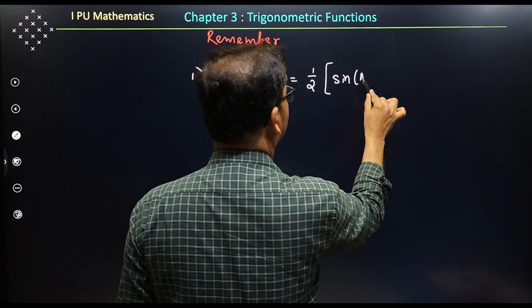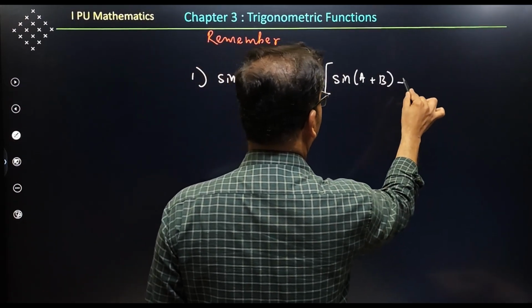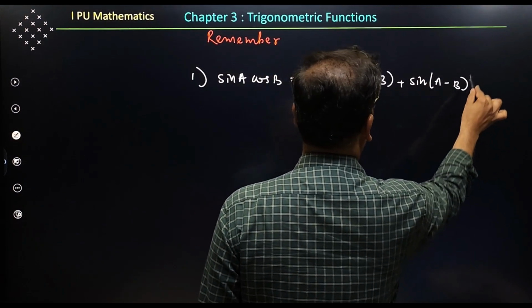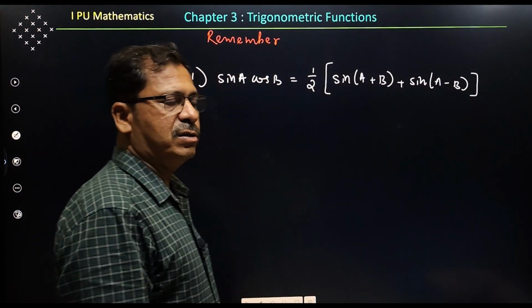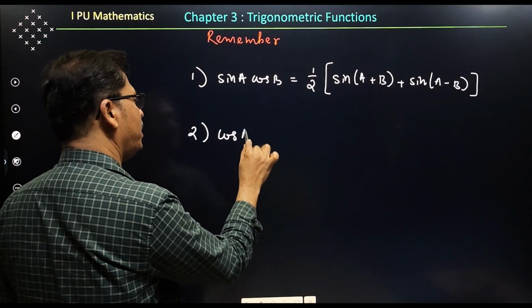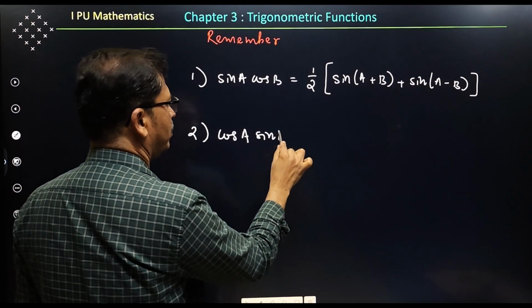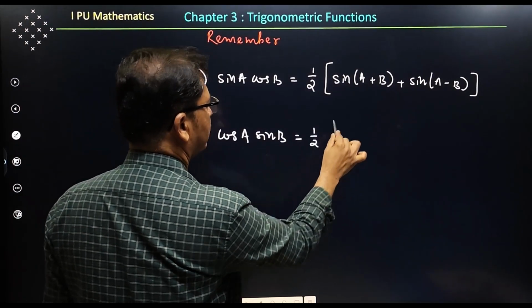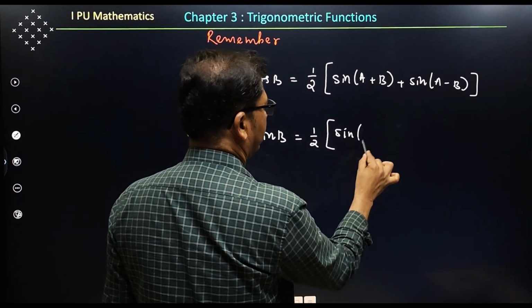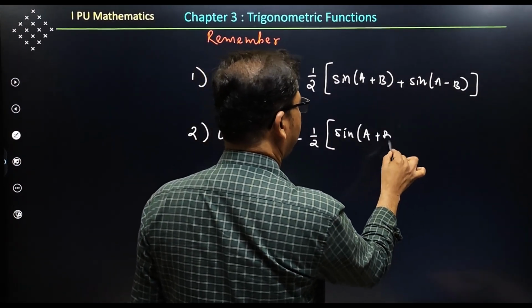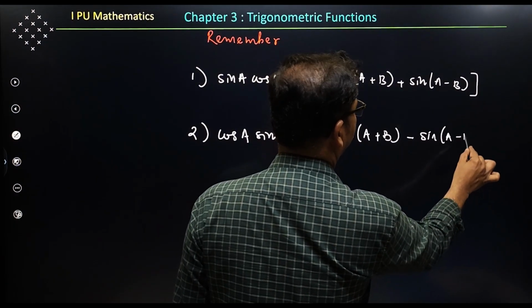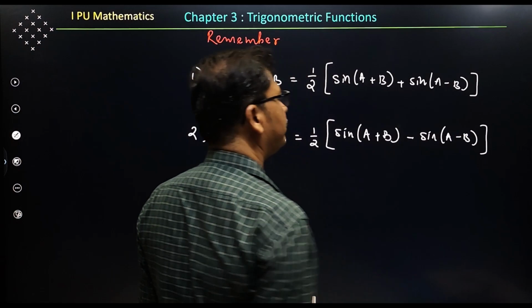Next is the second one: cos a sin b equal to 1 by 2 into bracket sin of a plus b minus sin of a minus b. This is the second result.